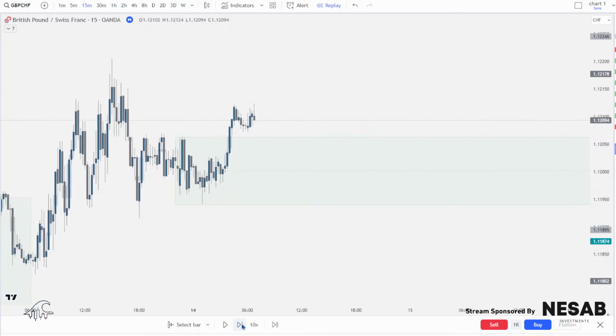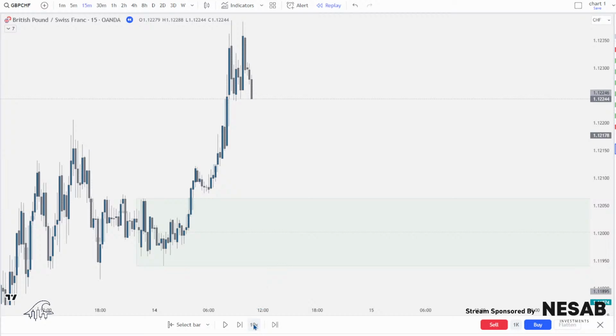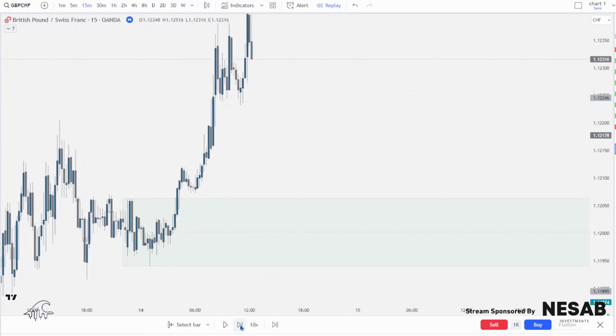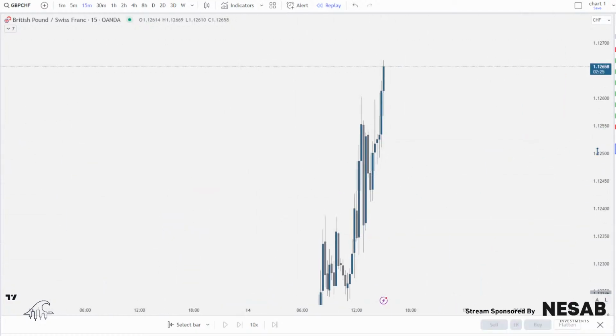So now if you see the changes on the 15-minute, in this case, price just keeps going bullish. This pair is so choppy back and forth the way it moves.